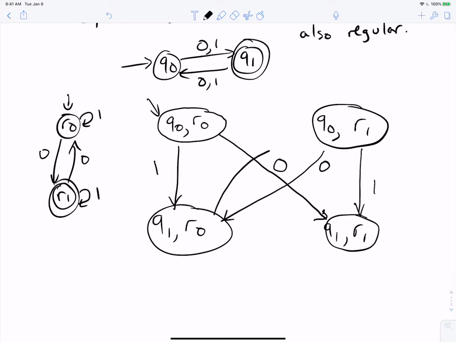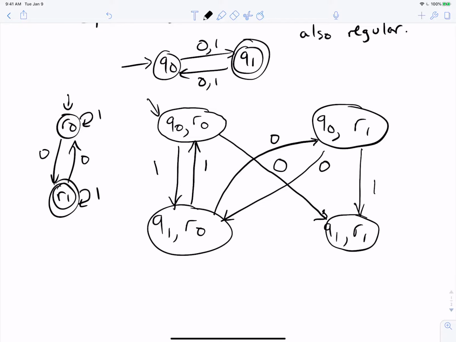So in fact, we go back like this. It's kind of annoying to have all of these crisscrossing arrows, but let's do 1. So 1 takes us to the Q0 row, and R0 stays in R0. So we have the arrow going upward like that.